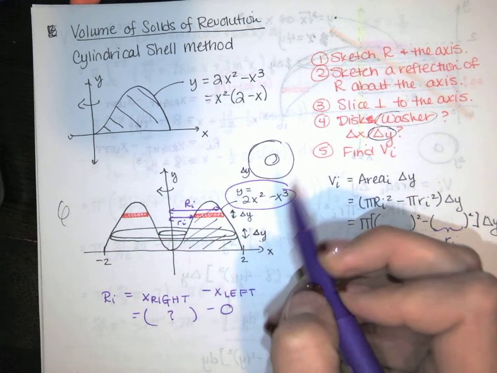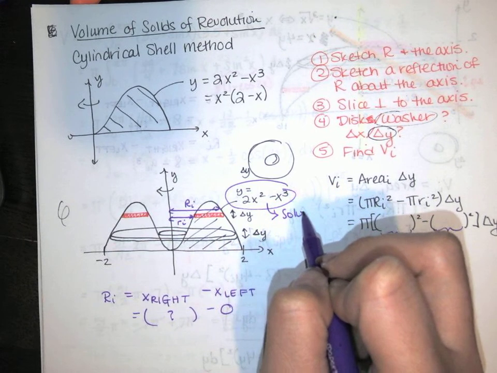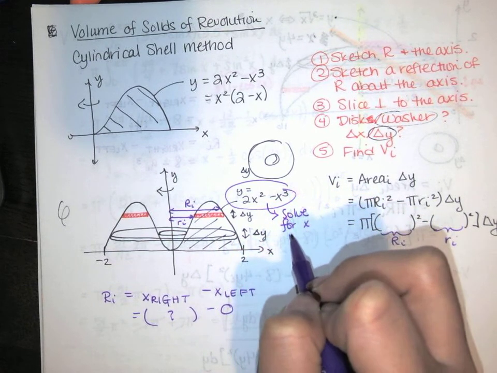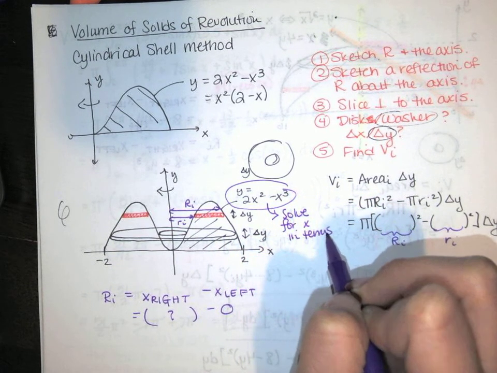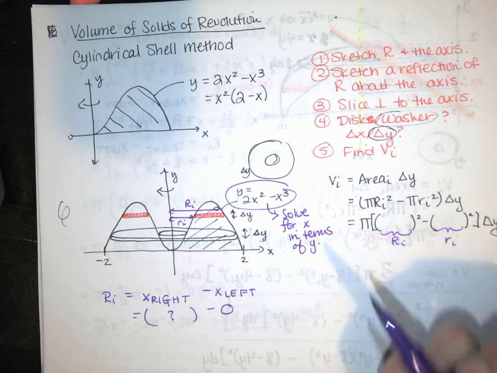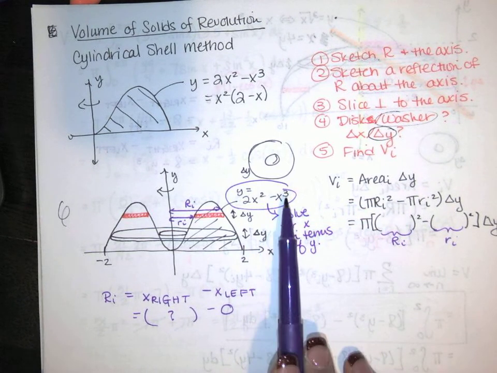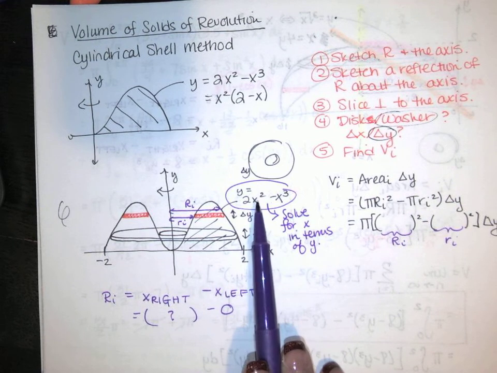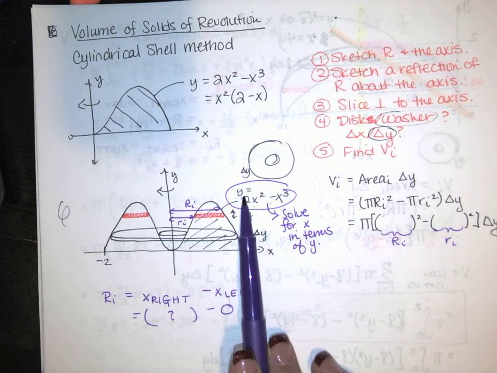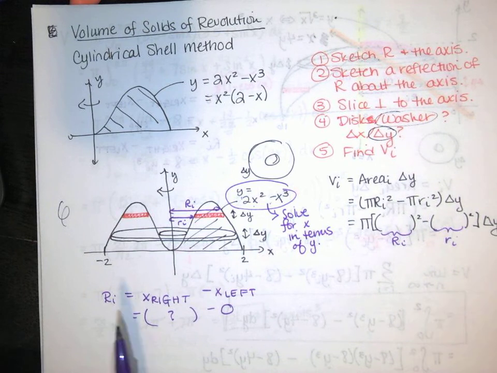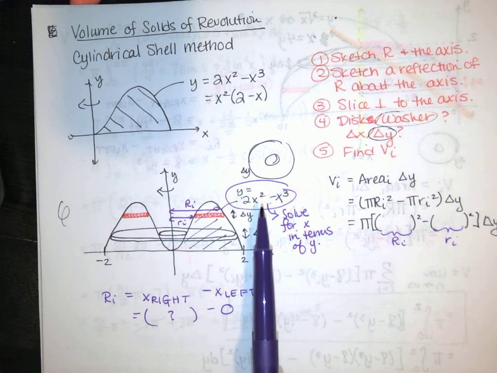You just take this equation and you solve for x in terms of y. Generally that's easy, but it's not easy this time. I don't just have an x cubed here, I've got a 2x squared minus x cubed. Now there is, we have the quadratic formula, or quadratic equation, excuse me.